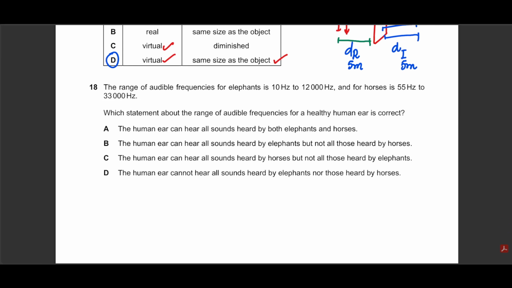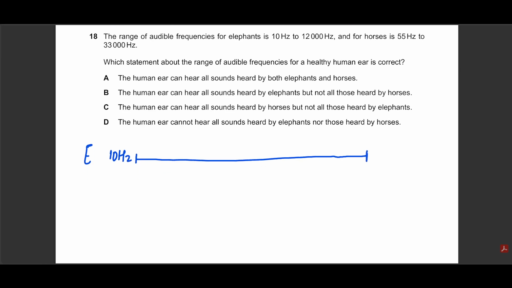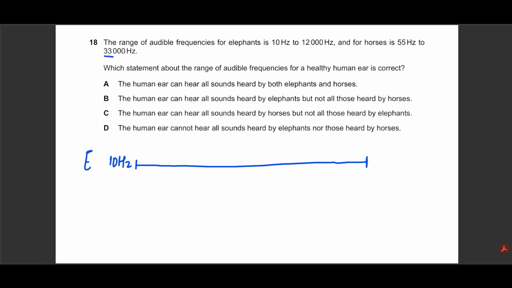Question number 18. Now, this is a bit tricky. In order to do that, I would advise you to write down these things on a number scale. So this is 10 hertz, and the highest we have in this question is for the horse, let's say 33,000.